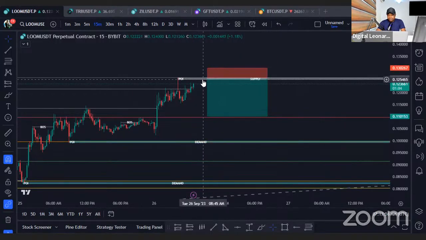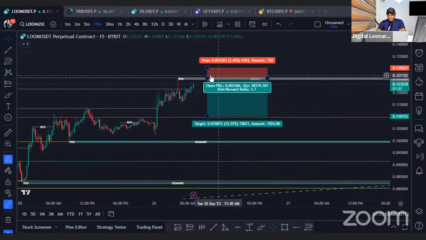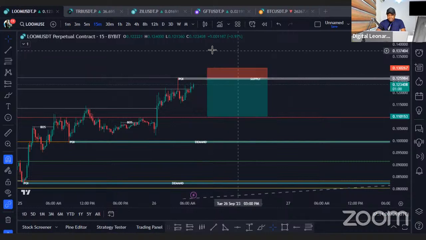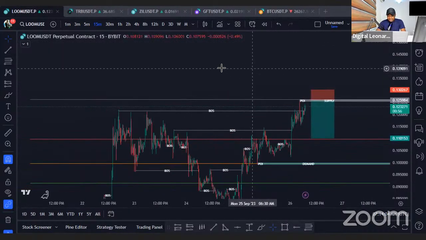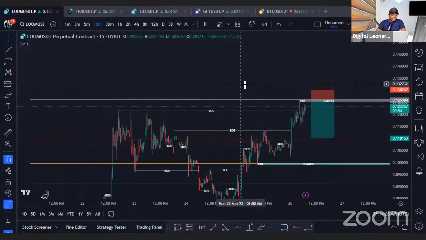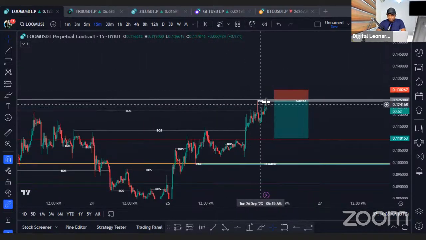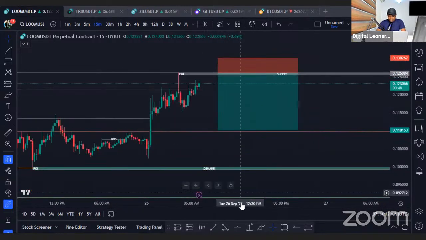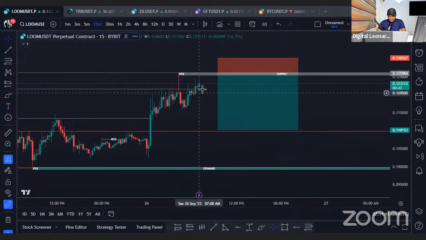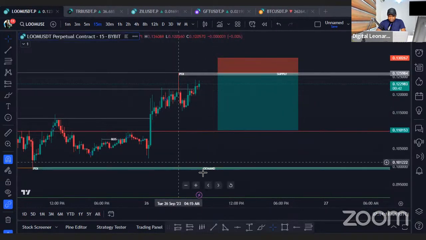So I'll take a trade here down, and if we do wick up, maybe I'll just let it wick and go down, but I'm still looking at that 13-cent, 14-cent level upward. If we do break above this level, then we can see ourselves going up there, guys. So I'll just mark this area like this.